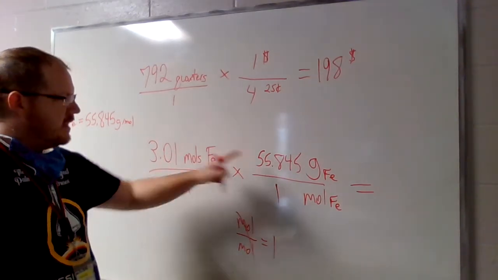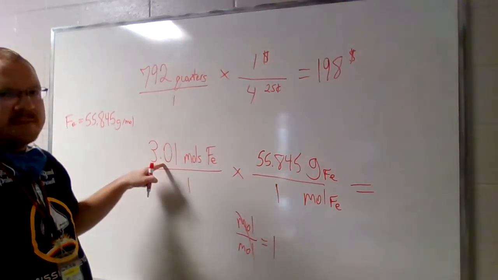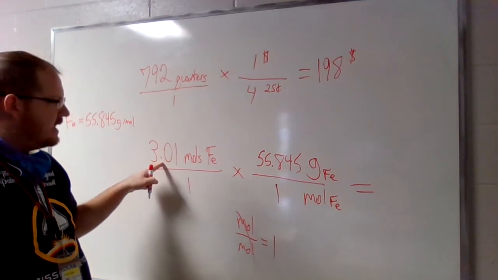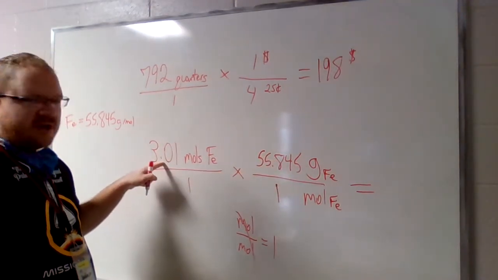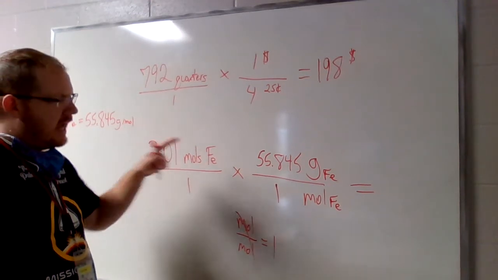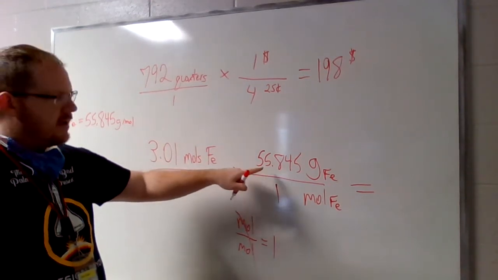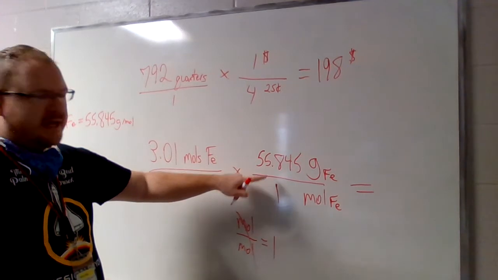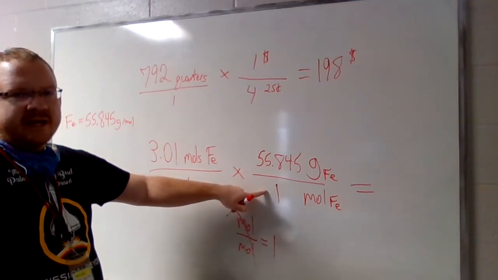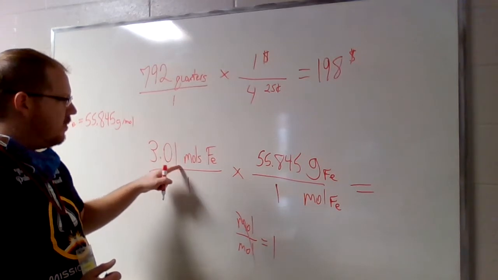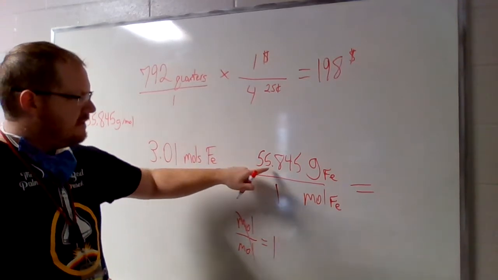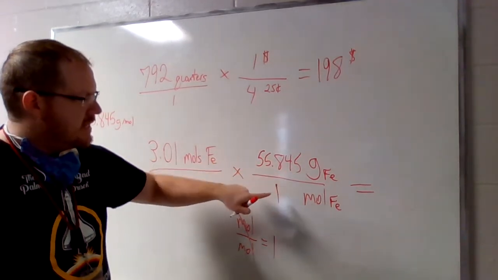What do I do? I always start with this number. This is going to be the first number I put in my calculator. You're going to move from left to right, just like you read. So I start with this number in my calculator. And when I go to the next fraction, if a number's on top, I multiply. If a number's on bottom, I divide. And so the math that I need to do here is 3.01 times 55.845 divided by 1.